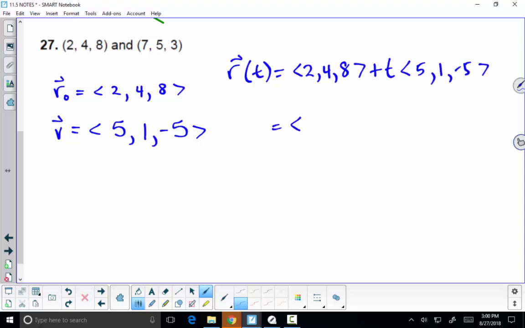Combine our corresponding components, and we'll end up with this vector valued function. And that gives us the entire line through those 2 points.